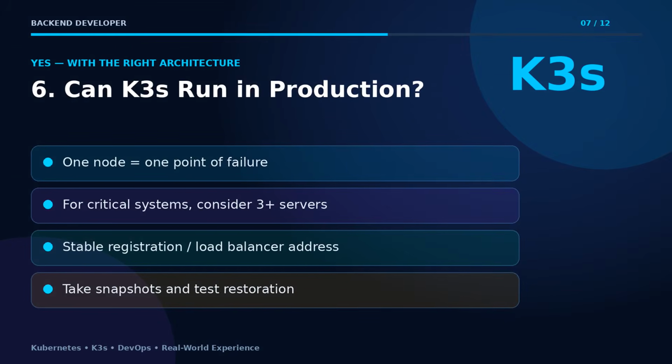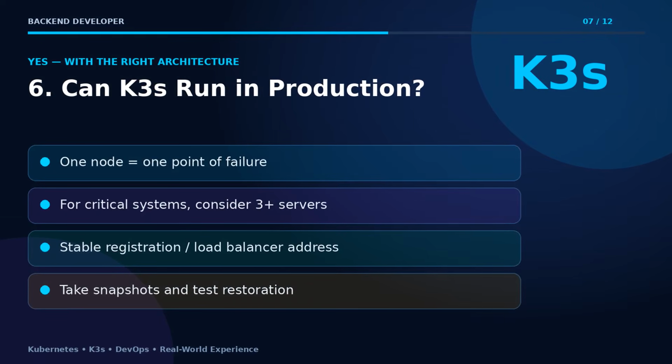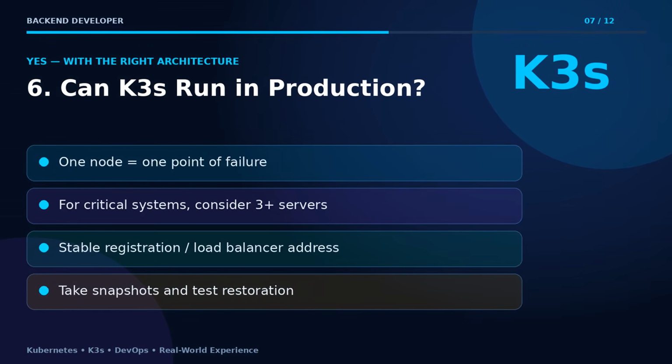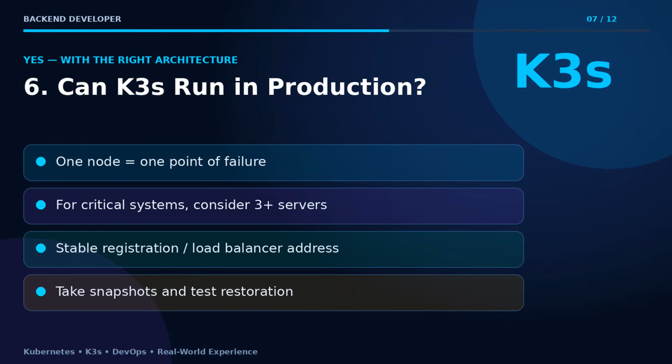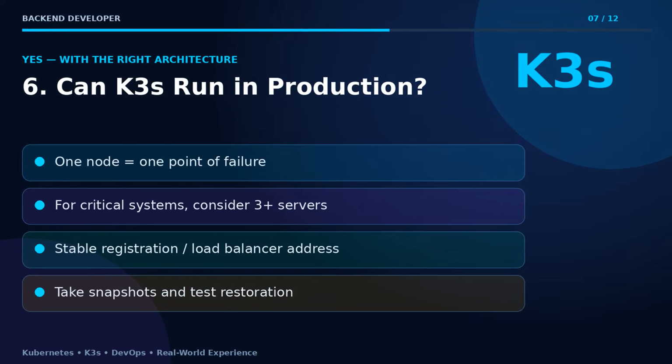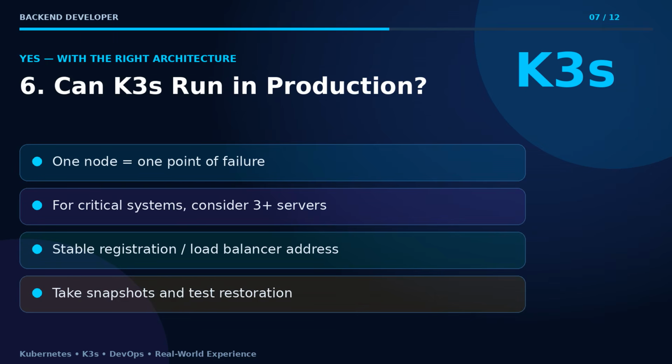Can K3s run in production? Yes. K3s is not limited to tutorials or toy projects. It can run production workloads for small and medium services, edge systems, branch locations, Internet of Things environments, and resource-constrained servers. But when the control plane and applications share one K3s server, that machine becomes a single point of failure.